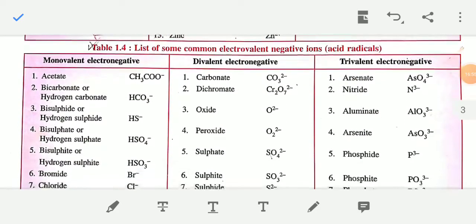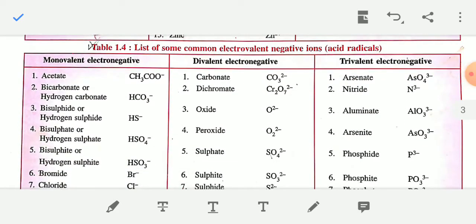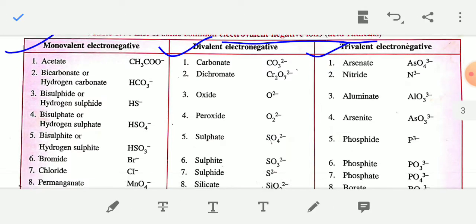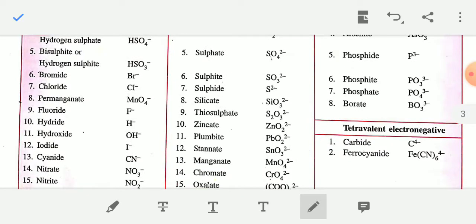And now see table number 1.4, list of some common electronegative radicals, that is acid radicals, anions. Acid radicals are also monovalent, divalent, trivalent and tetravalent. Example of each type of radical you have to remember.